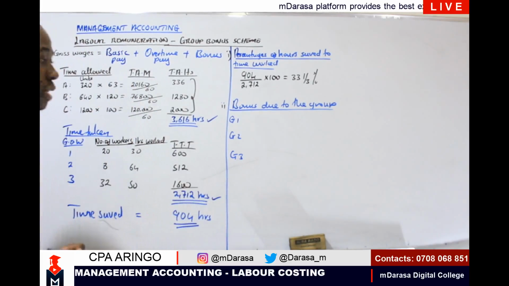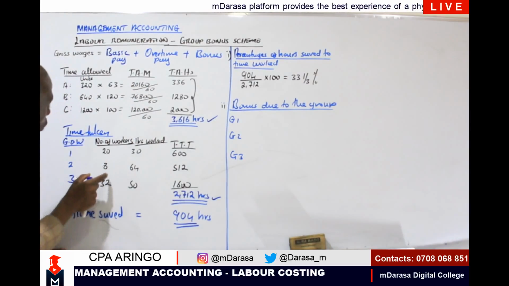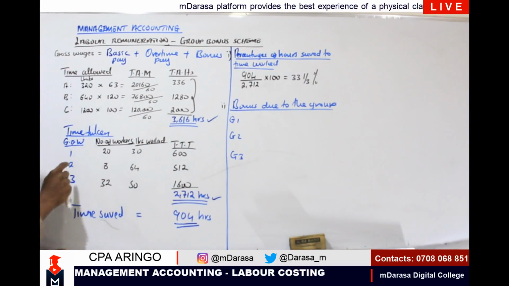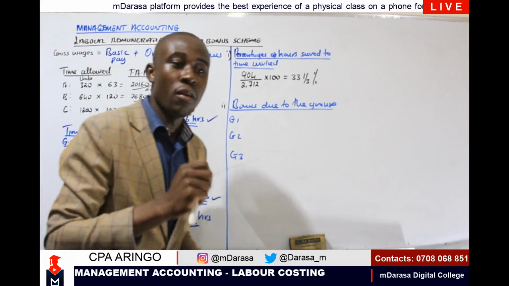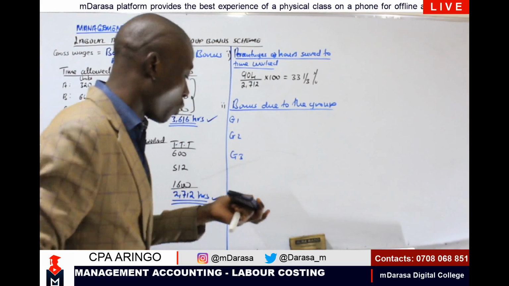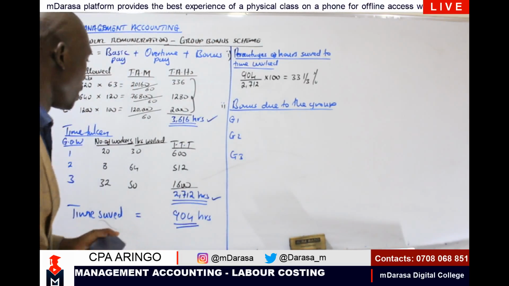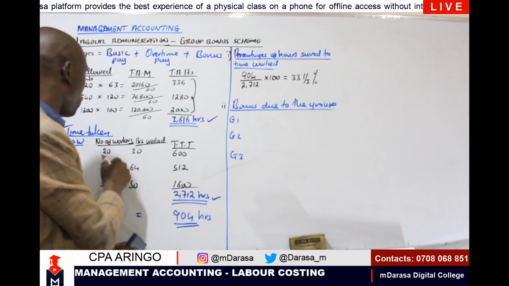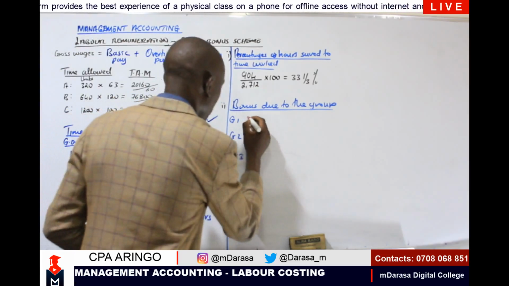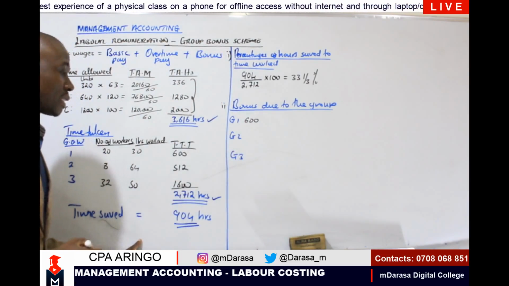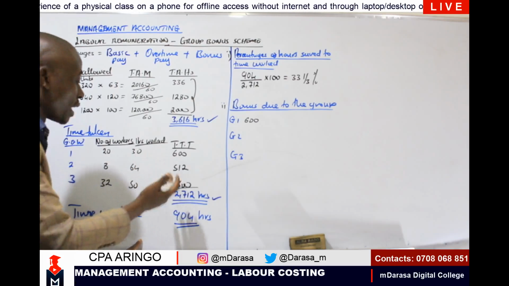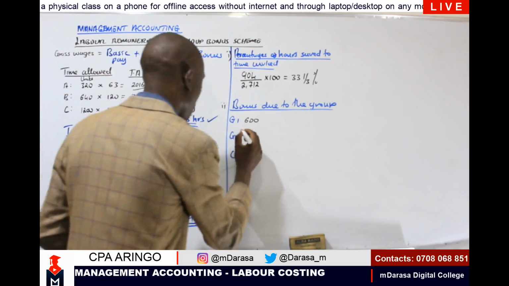What will be the proportion of the time saved for each group? And how are we going to work it out? Like in this case, group 1, we noted that they worked for 600 hours, time taken. Of the total we had 2712.